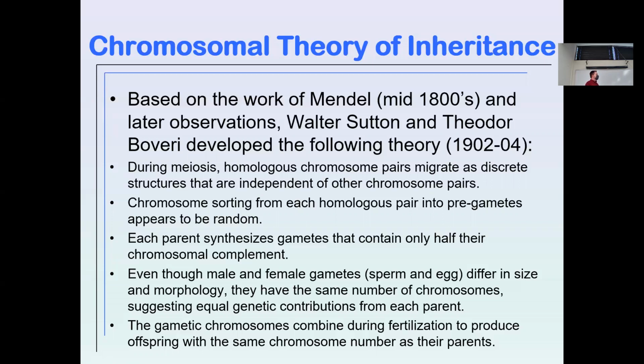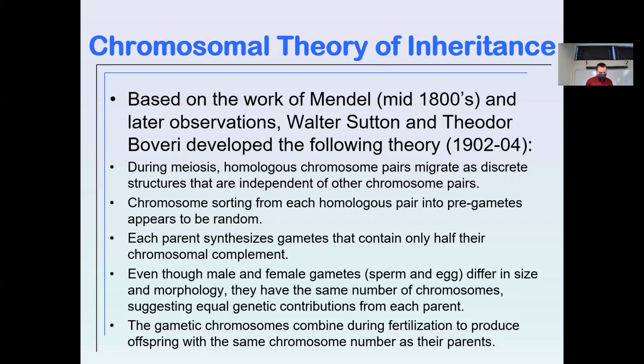And the observation is made that even though your male and female gametes are very different, the chromosome payload that each one carries is the same, and they're compatible to be combined with another gamete. So you put two haploid gametes together and generate a diploid zygote.